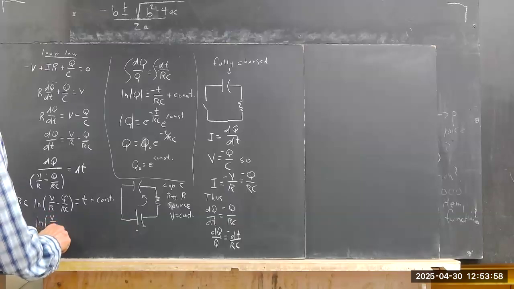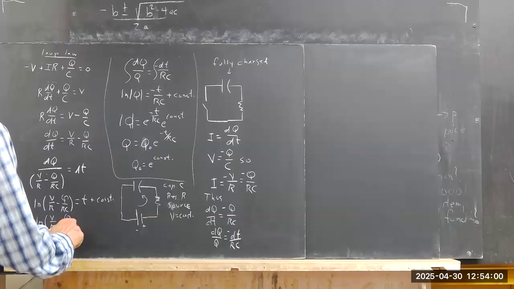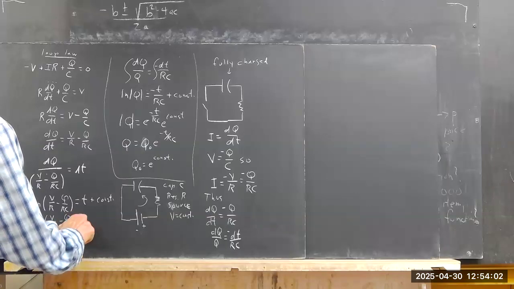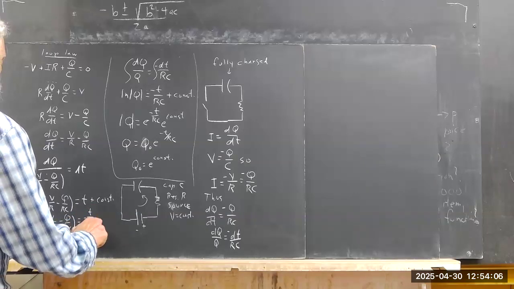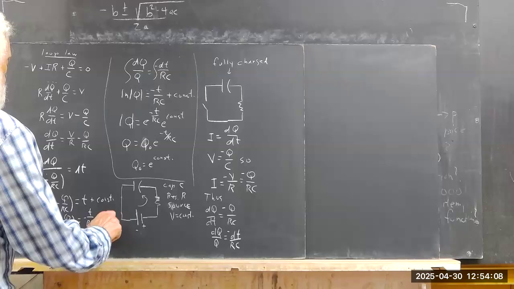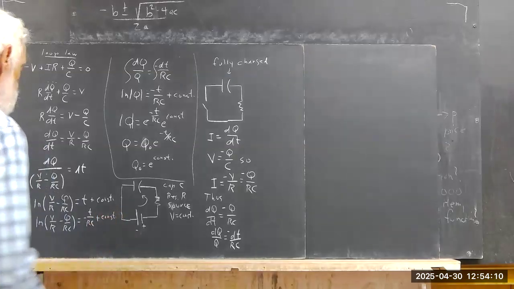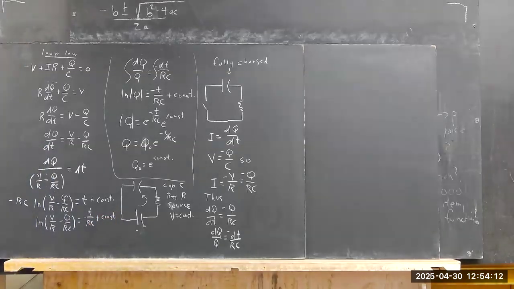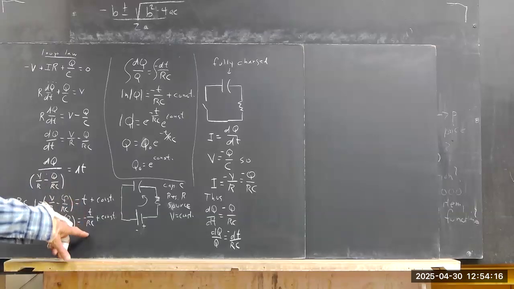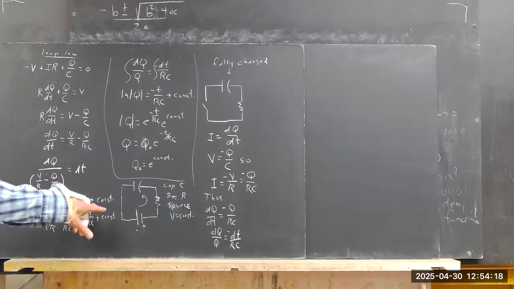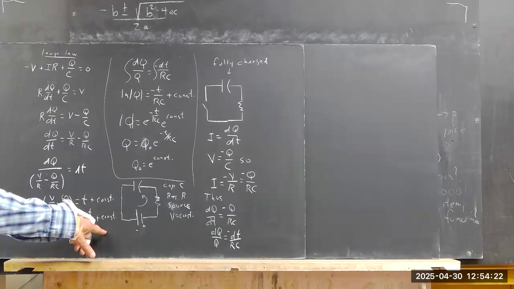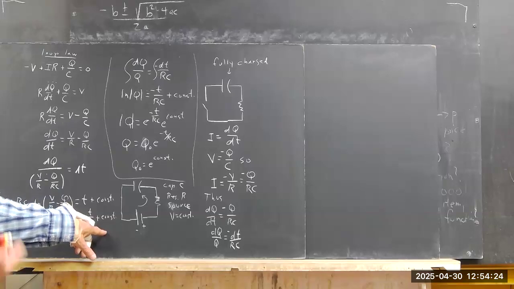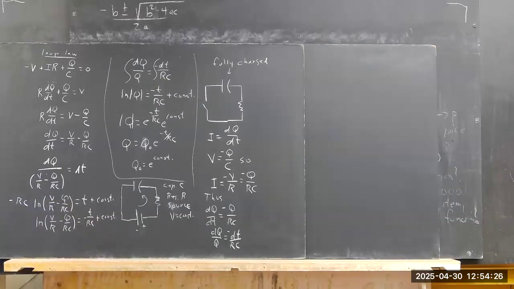Skip the steps. We can divide both sides by negative RC, which will give us a negative t over RC. And dividing an arbitrary constant by RC is still an arbitrary constant. We just say the constant absorbs the division by negative RC.